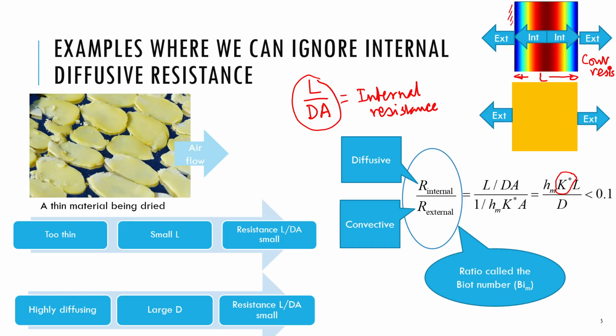We will spend more time on it. So this ratio, when it's less than 0.1, then we say that the internal resistance is small.